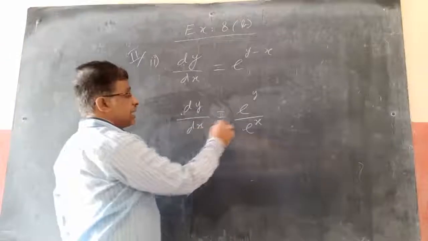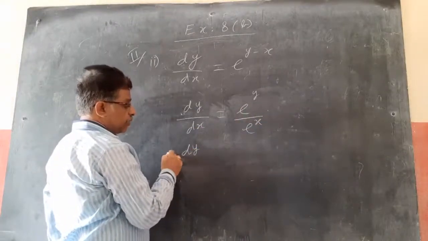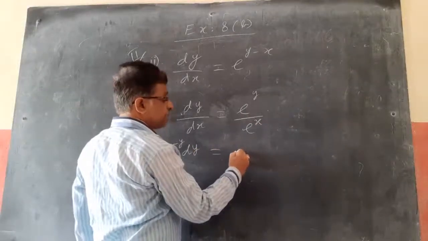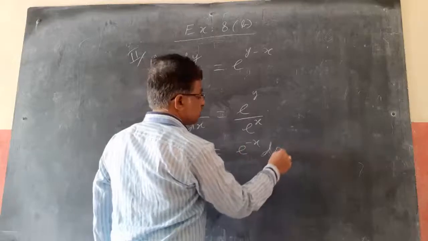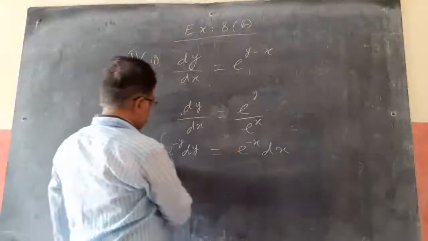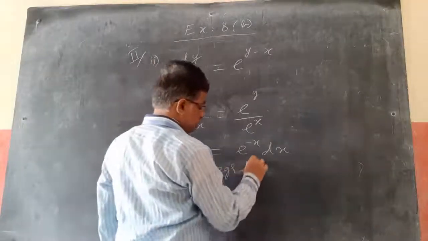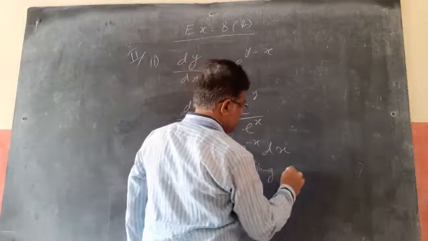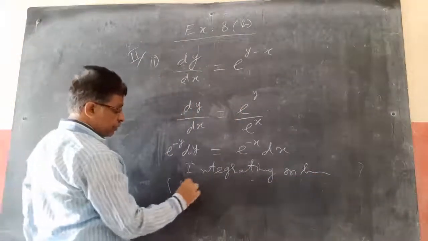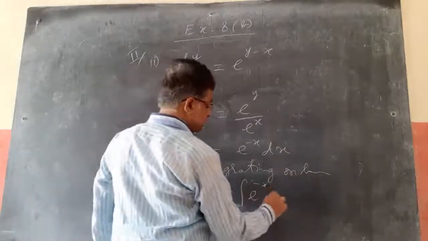Now all the dx to this side, e power y to this side. It becomes dy by e power y, which is nothing but e power minus y, equal to dx by e power x, which is nothing but e power minus x into dx. Now integrating on both sides, integral of e power minus y dy equal to integral of e power minus x dx.